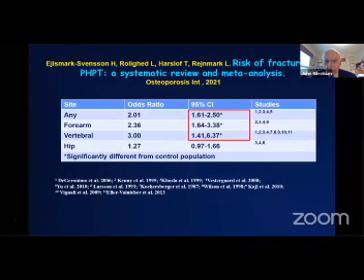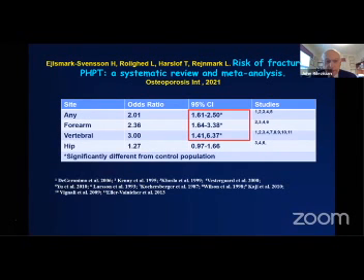Now, this has actually been looked at in a meta-analysis by Lars Rejnmark in Denmark, looking at all the studies related to fracture risk in primary hyperparathyroidism. And you can see in this table, for any fracture, the odds ratio in hyperparathyroidism is twice the average, with a confidence interval that clearly indicates a significant increase of fracture at all sites.